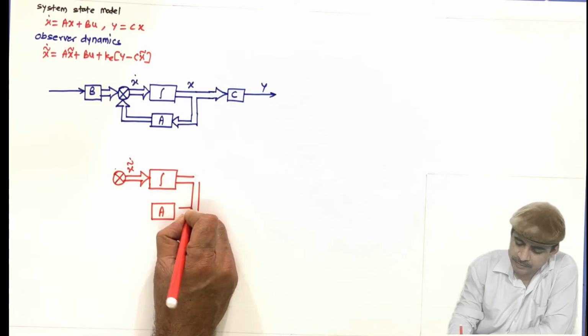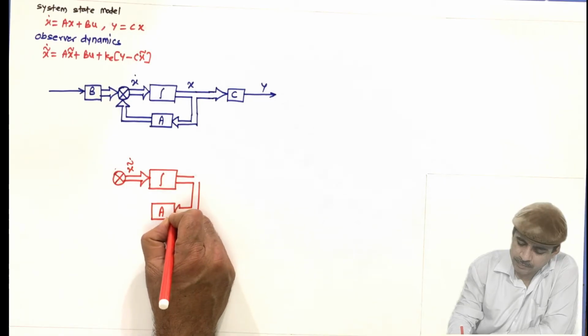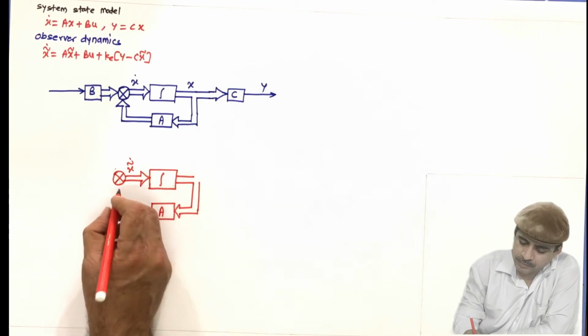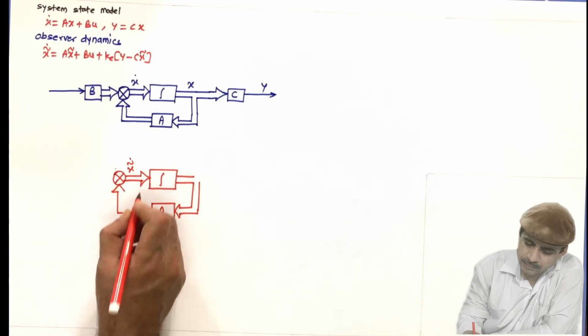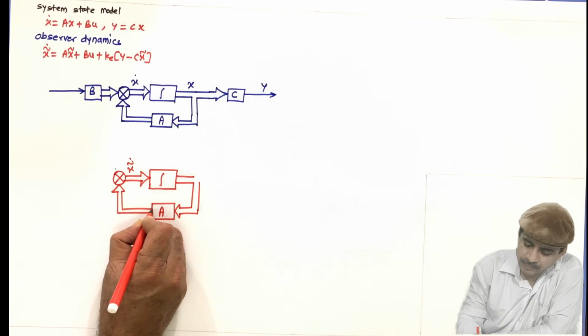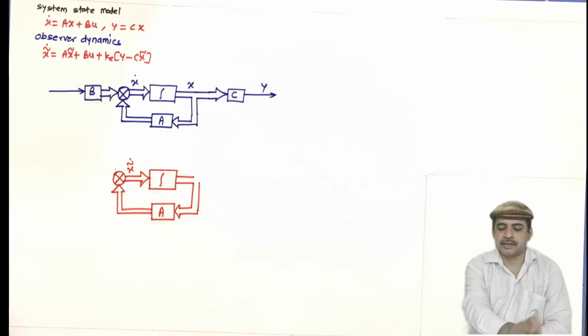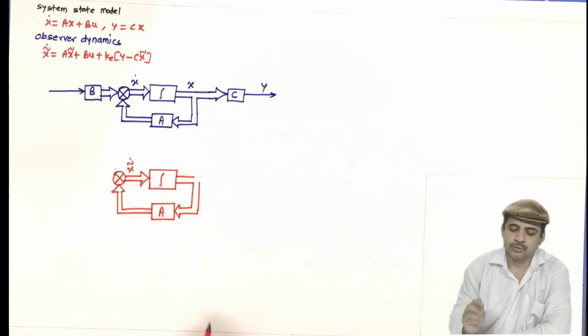System matrix A. So here I will get ax tilde and then this term I have to add.